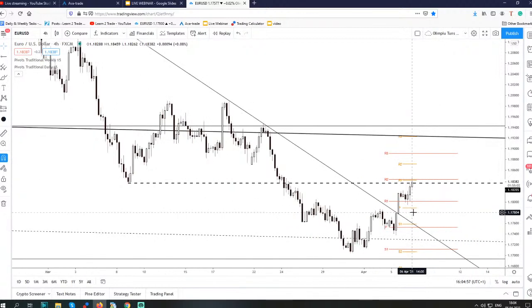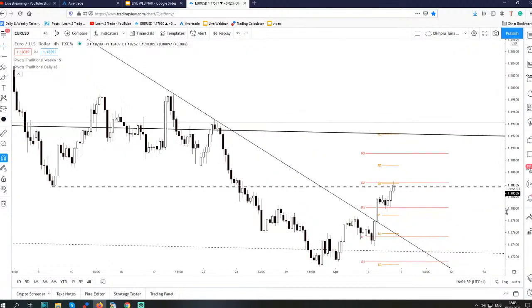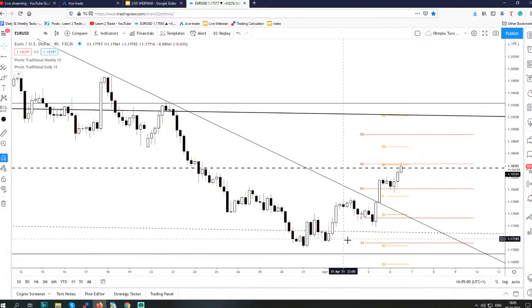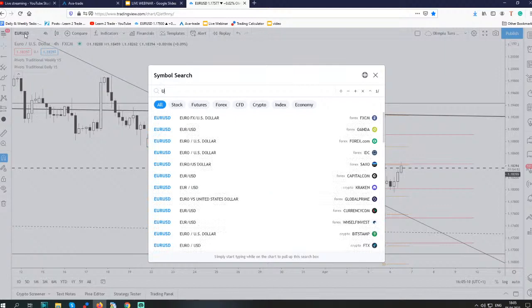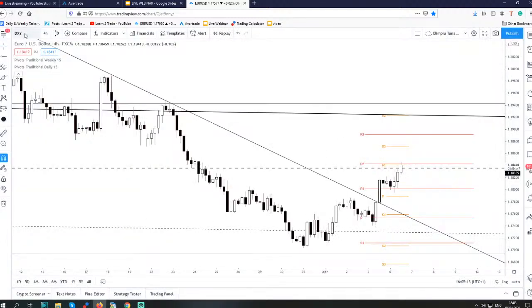Okay, so here, as I've told you, euro versus the US dollar continues to increase as the US dollar index has dropped aggressively, as you saw earlier.